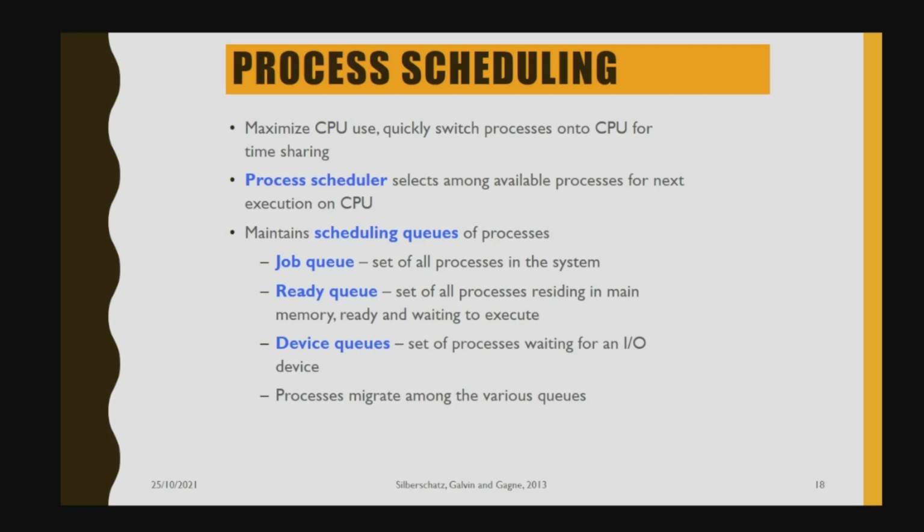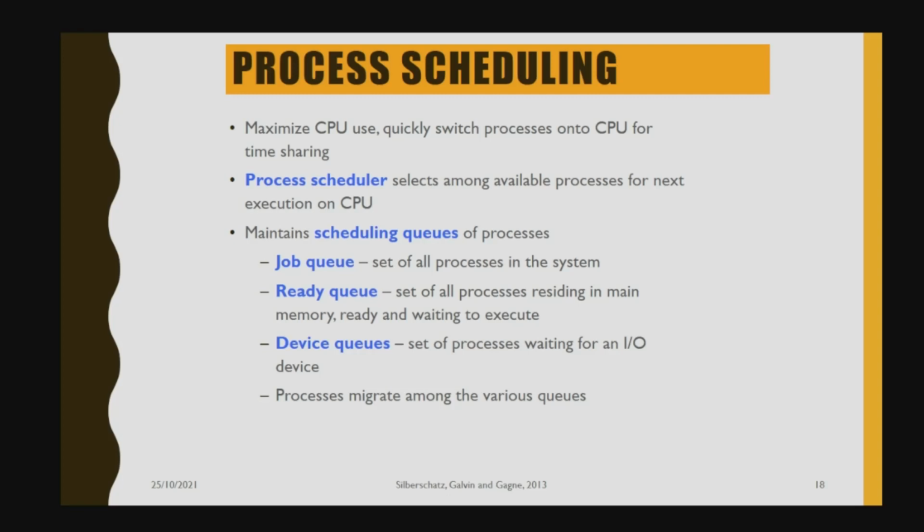So the process scheduler selects the processes that are active in the current situation for the next execution on the CPU. Maintaining the scheduling queues of the processes is the task of the scheduler.